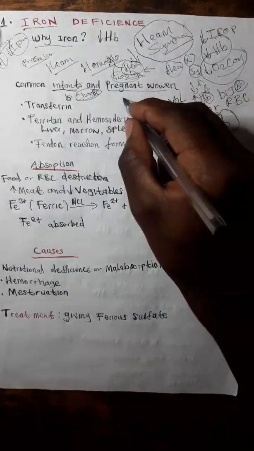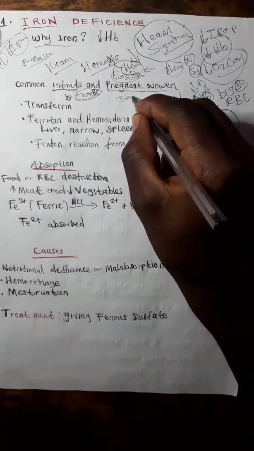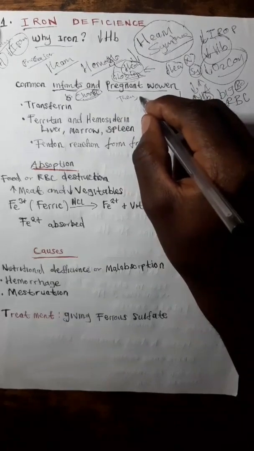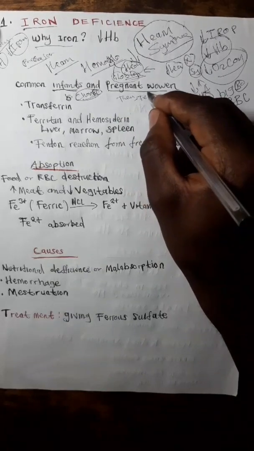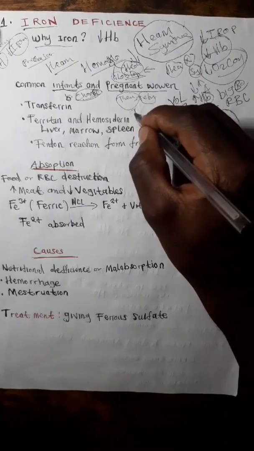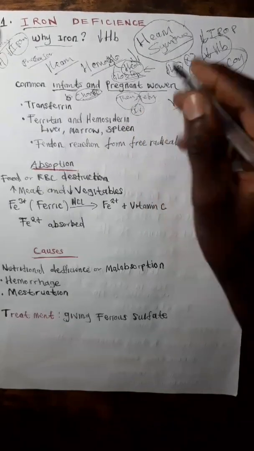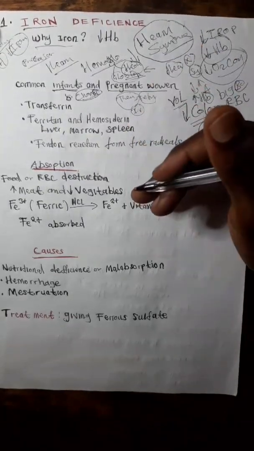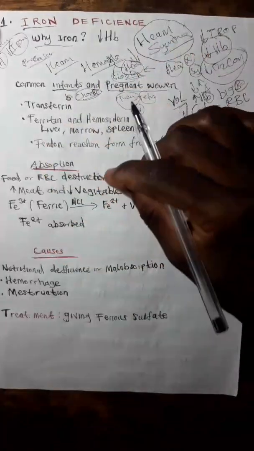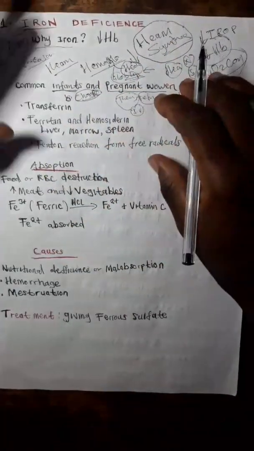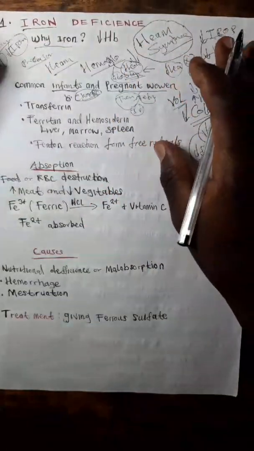Why? Because of themselves and also their fetus. They both require iron. As a result, you find that in the body of the mother, there will be less iron. As a result, you will find that a person will be looking pale, tired.